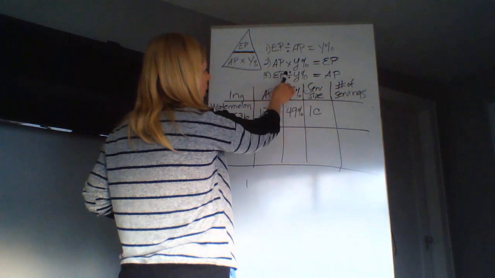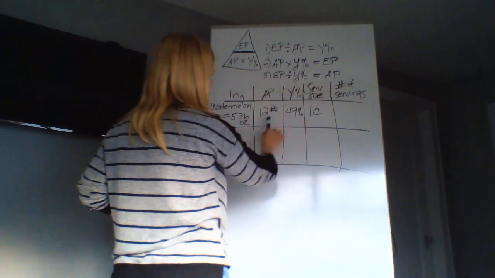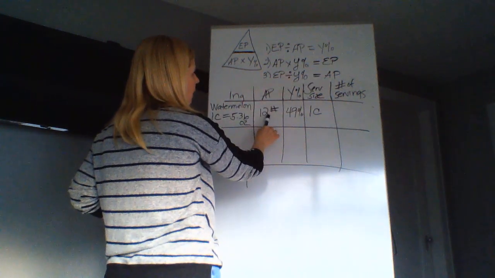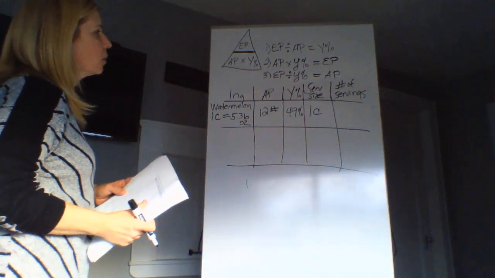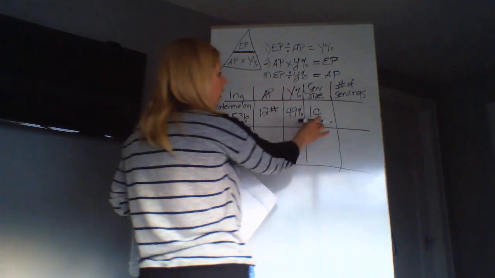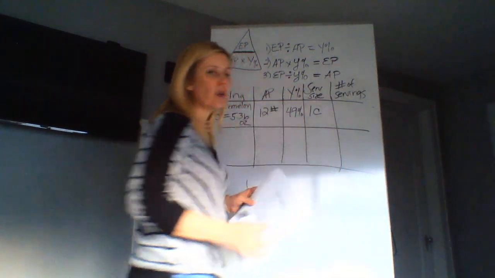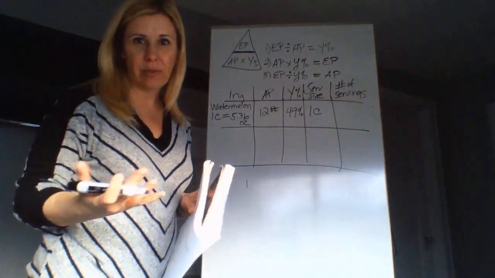Okay, so the first thing we're going to have to do is find out what will we end up with. What will our EP quantity be? Because we know an AP quantity, and we know that the yield percent is 49%. But all we know is the size of our servings. We don't know how much edible we'll end up with, right?